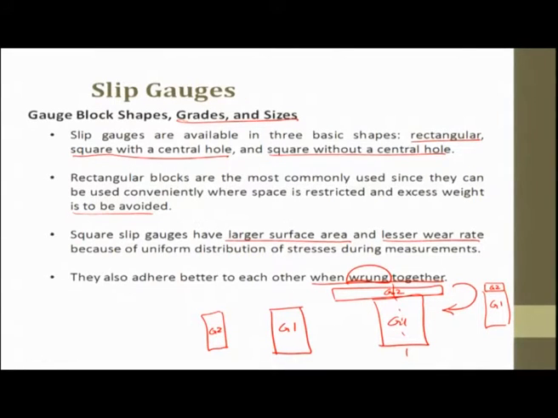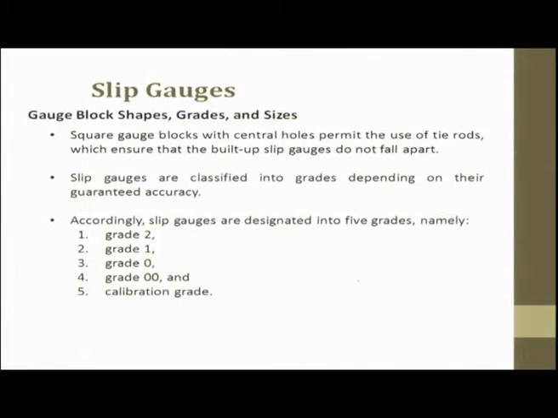First it is allowed to slide and be placed, and then it is slid and placed perpendicular. Then G2 is rotated in such a way that G2 and G1 are aligned. This process of sliding and rotating is called the wringing operation.